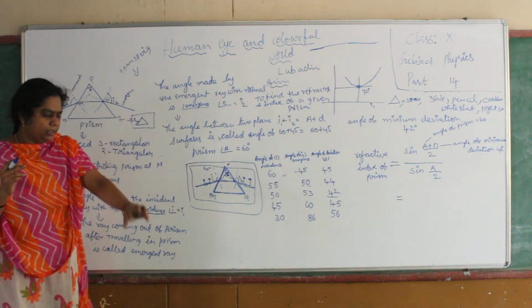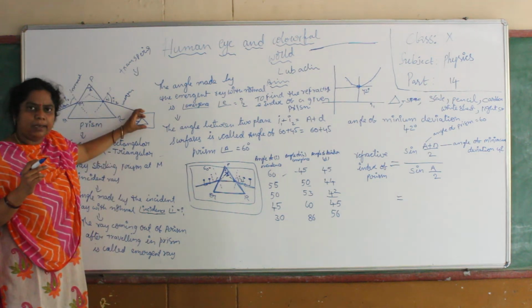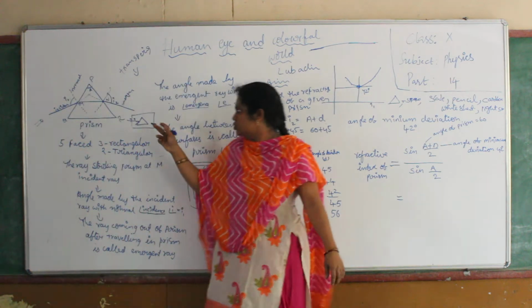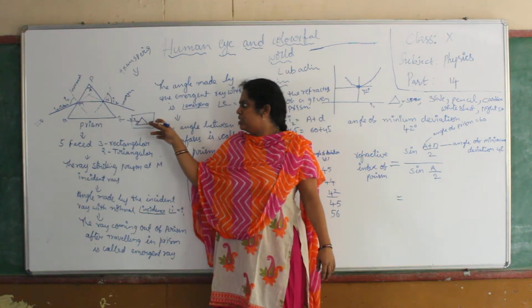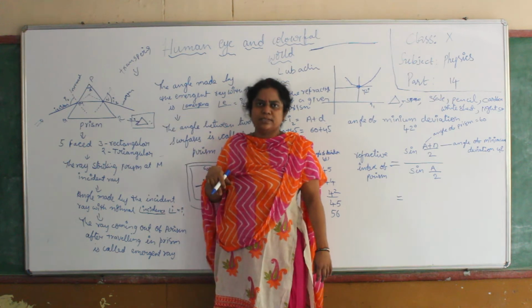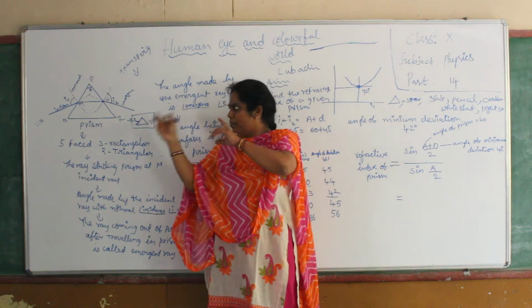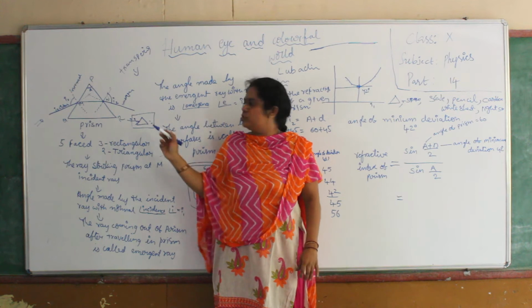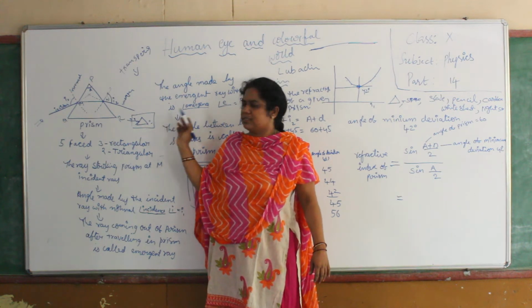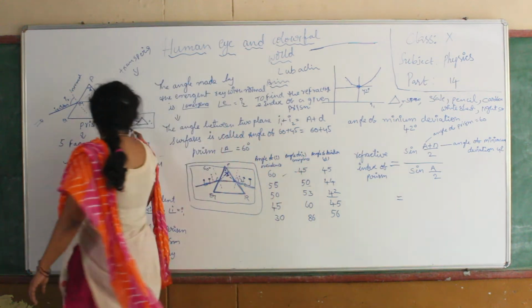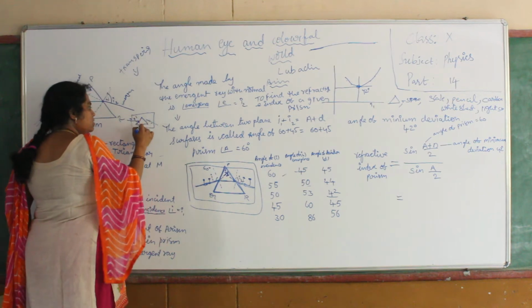Then take the prism and keep it here again, and from this side you see those two pins. Straight to these pins, arrange two more pins. After that, remove the prism and join these lines also. Here also you draw a normal.